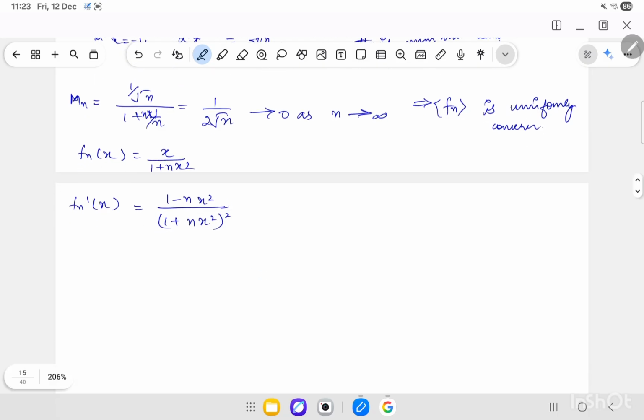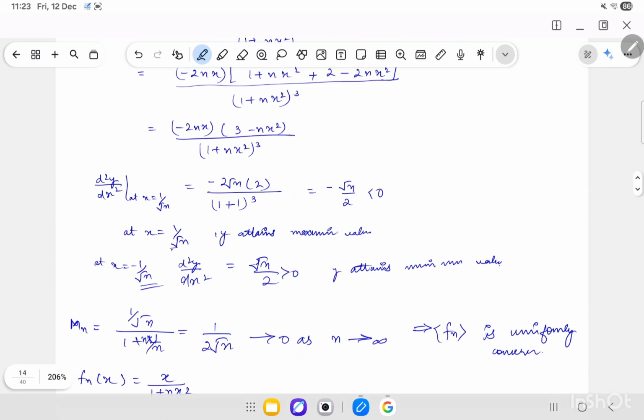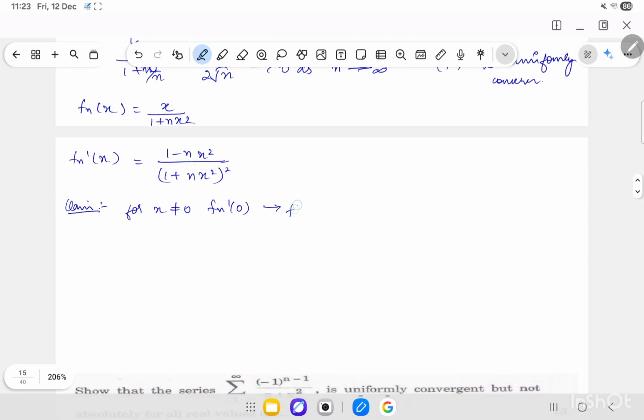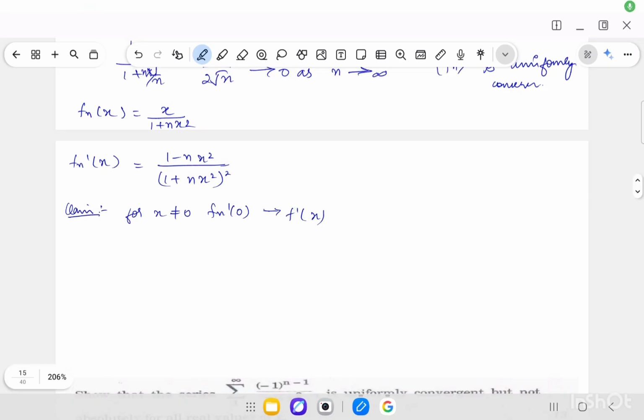Now our claim is to show that for x not equal to 0, Fn dash x approaches f dash x, but this doesn't hold for x equal to 0.